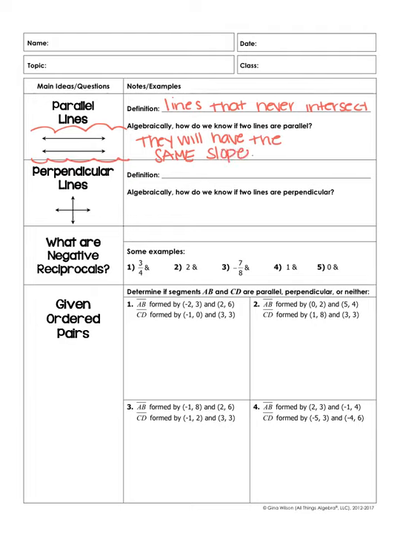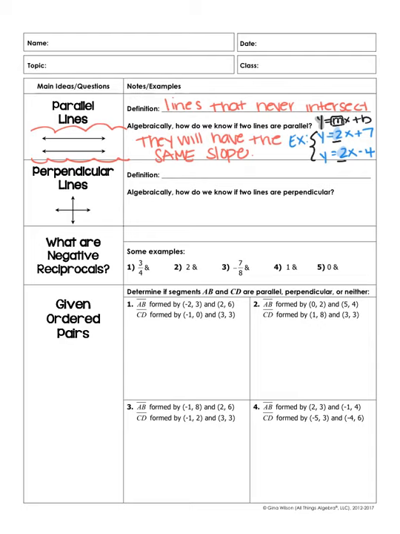So for example, we could have y equals 2x plus 7 and y equals 2x minus 4. Remember, it's y equals mx plus b, and m, the number in front of the x, is your slope. So I would say that these two lines are parallel because they both have a slope of 2.